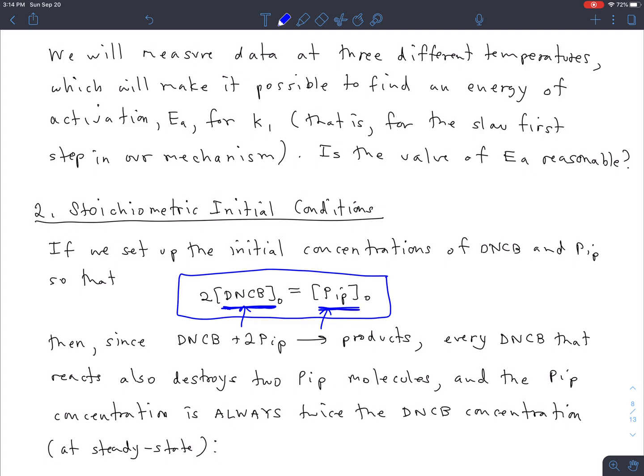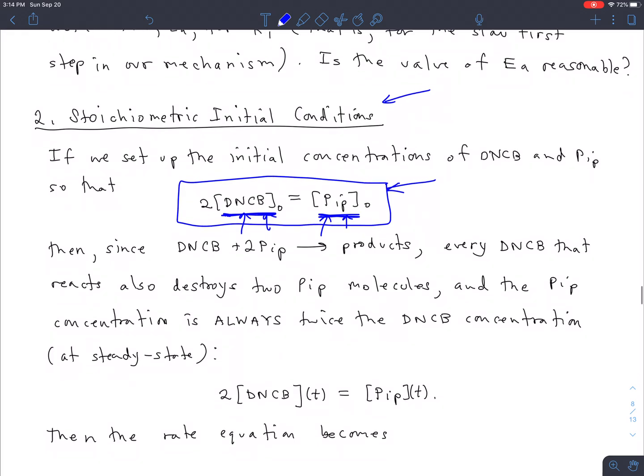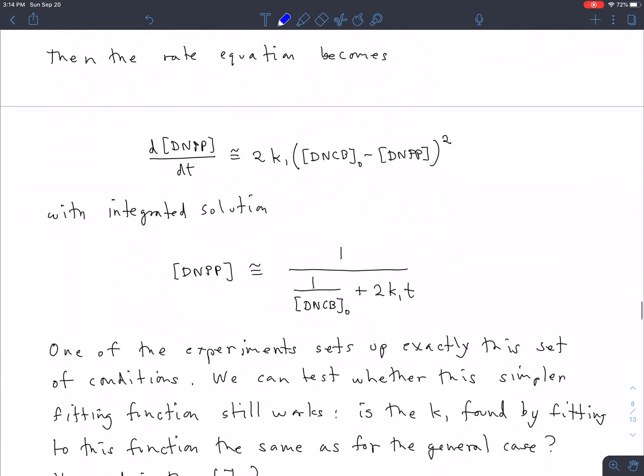Piperidine is the other one. When this condition is satisfied, that is when we have twice as much piperidine as we have DNCB, then everything is stoichiometric, and that simplifies the analysis a great deal. That's called stoichiometric initial conditions. That's one of the set of conditions that we'll set things up as.